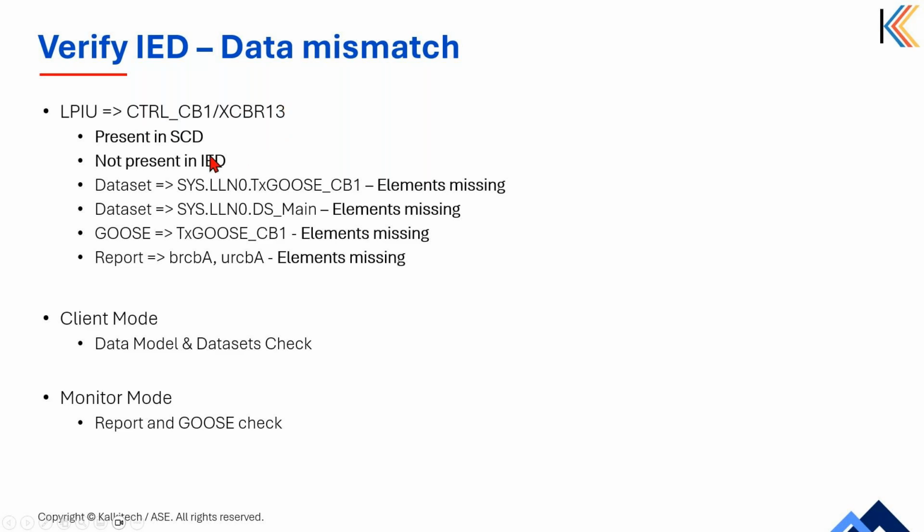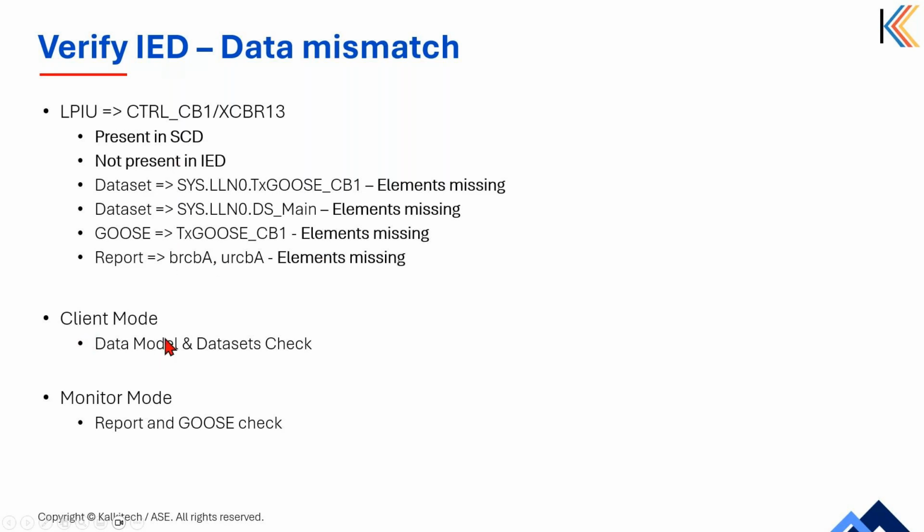In that case, what will happen is the corresponding data elements will be missing from two data sets, and one of the data set is used in GOOSE. So that means the GOOSE which are published in the network will have some elements missing, and the reports, once enabled, will have some elements missing. So that is the use case we are trying to showcase here.